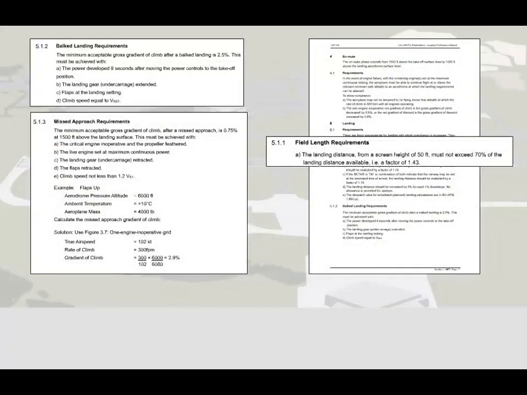In Part 1 of the multi-engine landing lesson, you learnt about the landing climb regulations and the landing distance regulations. In Part 2, you will learn a few more regulations and how to actually calculate the landing performance using sample data from an aeroplane flight manual.